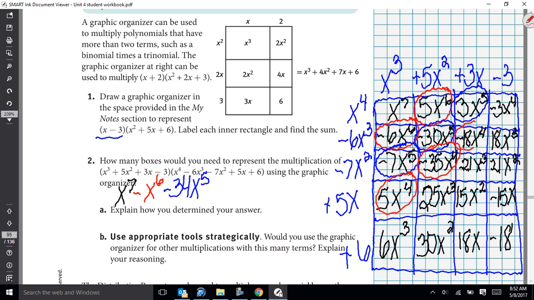I'm gonna go 51. Tom says negative 51. Does everyone agree? I got 21. Oh, never mind. I put the wrong sign in. So 5 minus 35 minus 18 minus 3. Yeah, negative 51.